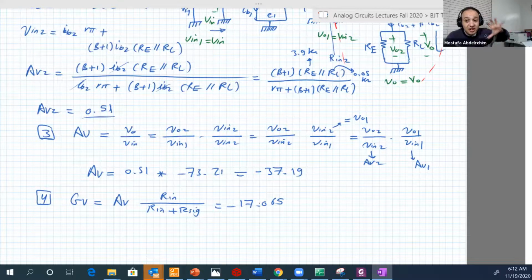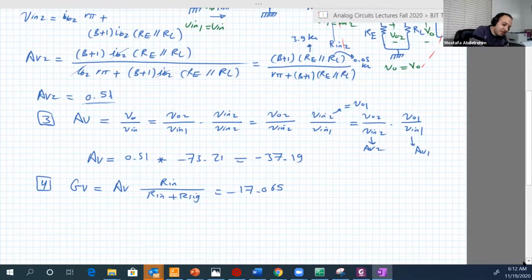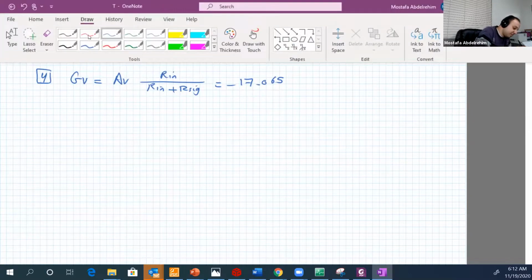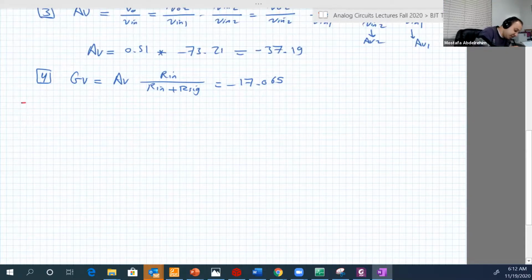So let's remove the common collector, because again, common collector reduces the gain. When we add the common collector, it adds a gain of half. Okay, so let's remove it. Let's see what's going to happen.